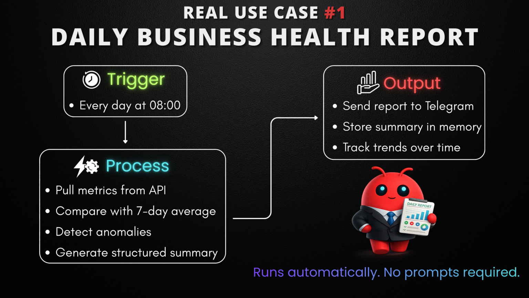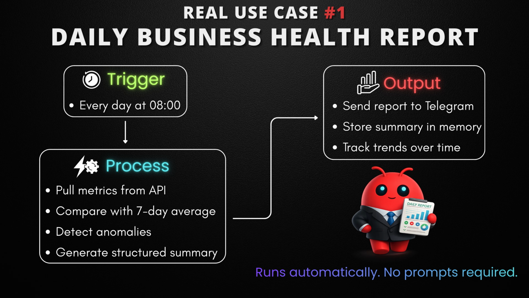Let's start with the first real use case. Imagine that every morning at 8 a.m., without you typing anything, your OpenClaw agent wakes up, pulls data from your business, maybe revenue, usage, server load, or marketing performance. Then it compares yesterday's numbers to a rolling 7-day average, detects unusual patterns, and generates a structured summary.